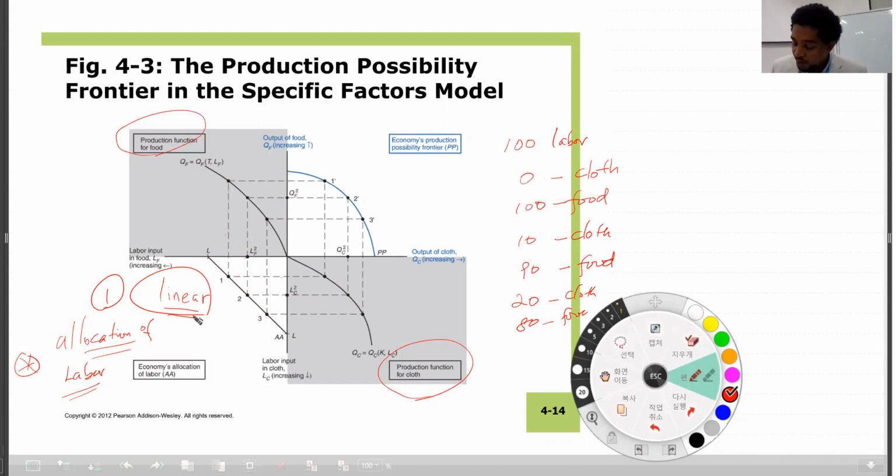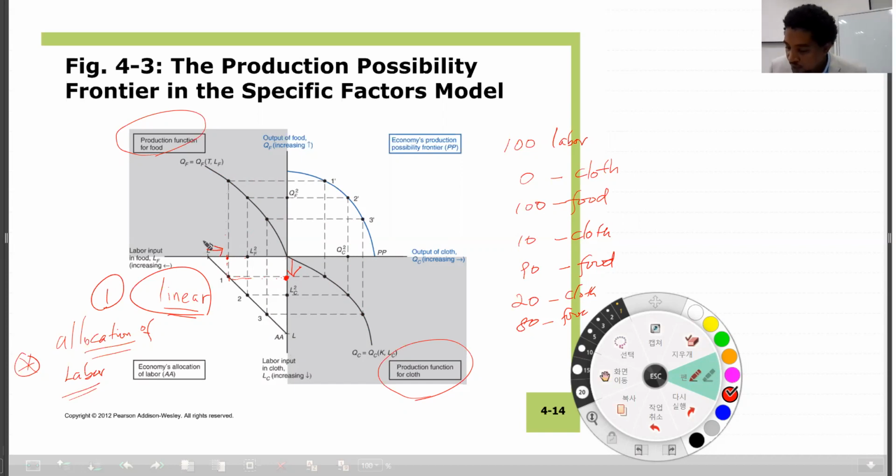Okay, so from this linear relationship, when you decrease the labor from food by this amount, that means you are increasing the labor amount for clothes from 0 to this, because at this point you have this intersection. So this is the amount of labor for clothes.